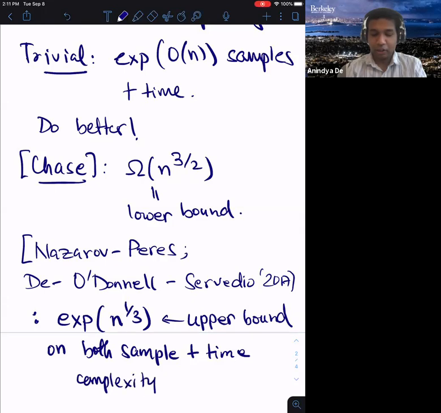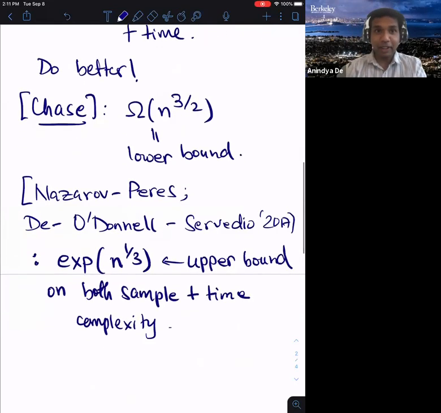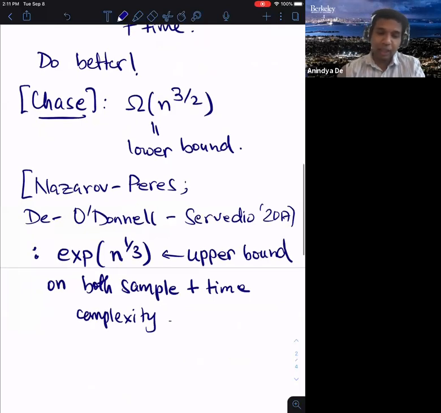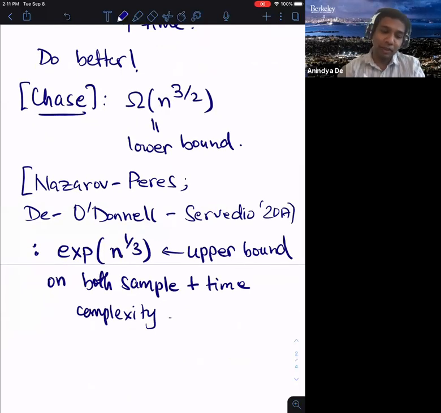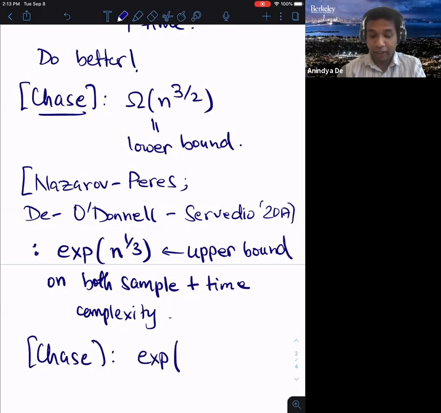Okay, so this is how big the gap is. The best known lower bound is barely superlinear. The best known upper bound is exponential in n to the 1/3. So let me update that a little bit. Yesterday evening, we got an email from Zachary Chase, and he uploaded a paper on the arXiv a day before, I suppose, or maybe yesterday, which achieves a sample and time complexity of exponential in n to the 1/5.